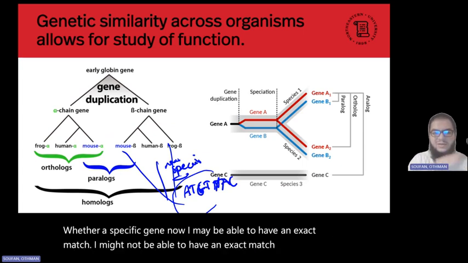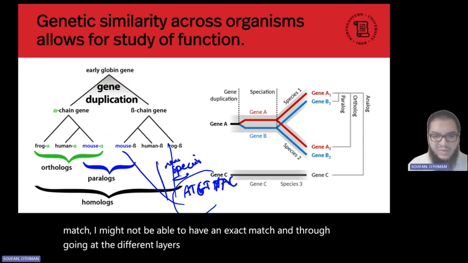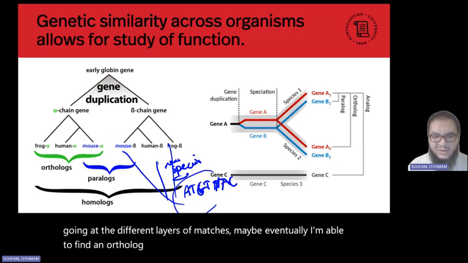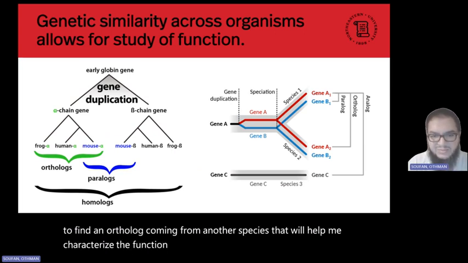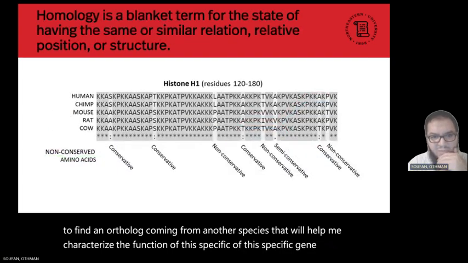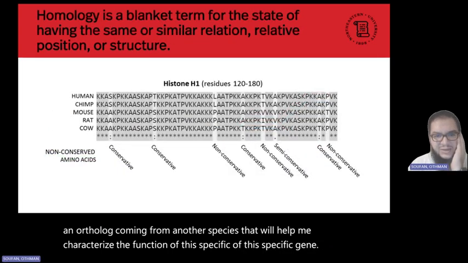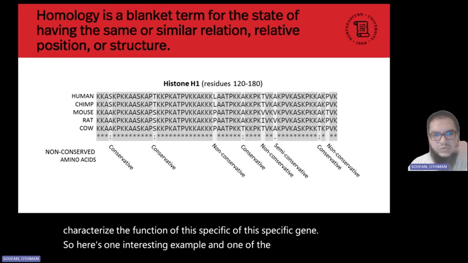Through going through the different layers of matches, maybe eventually I'm able to find an ortholog coming from another species that will help me characterize the function of this specific gene. So here's one interesting example and one of the ways to align the sequences.